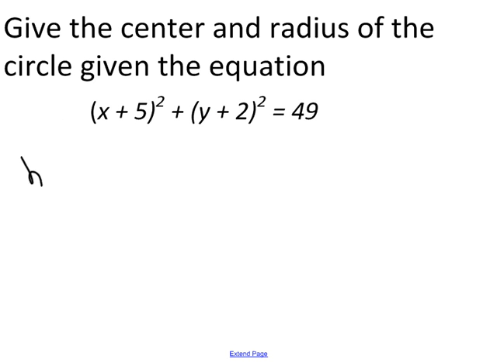But what should h and k be if it says x plus 5 and y plus 2? The signs should get changed. So that means the original h was -5, and the original k was -2. So to extract the center, you have to change the signs of these numbers here.